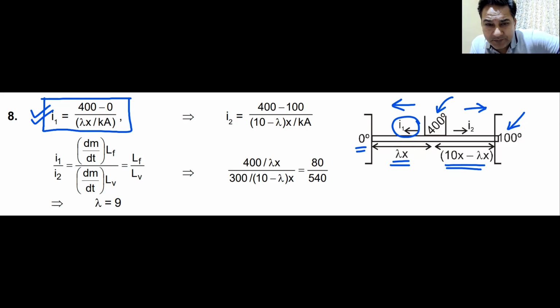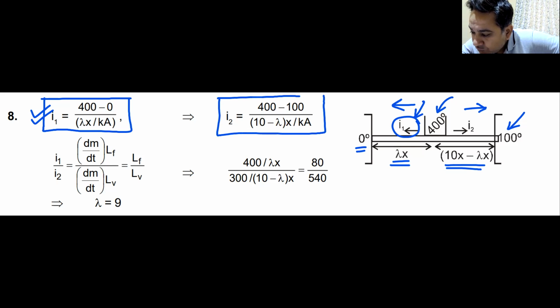Do we understand this? Okay, good. Do we understand what is I2? I2 is 400 minus 100 divided by R2. Yes or no?